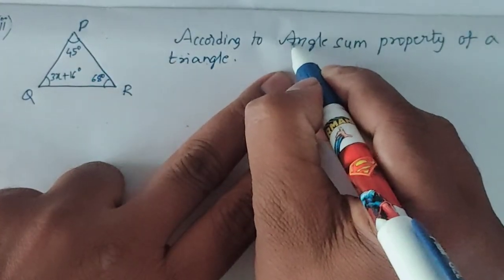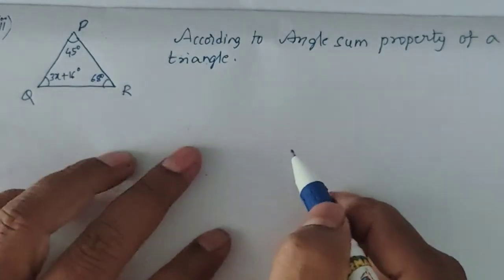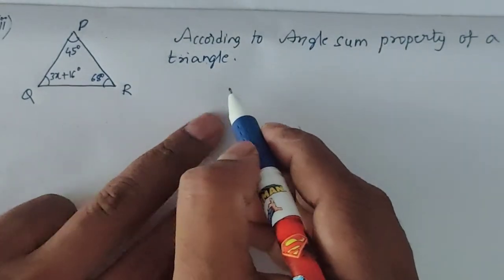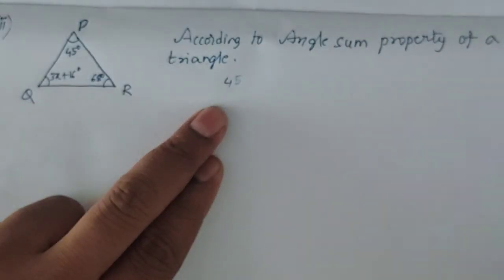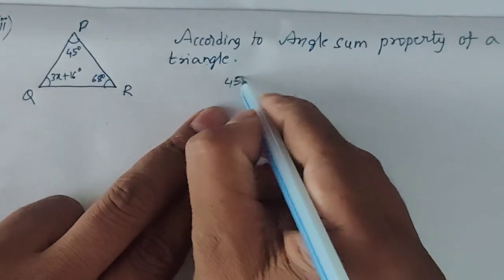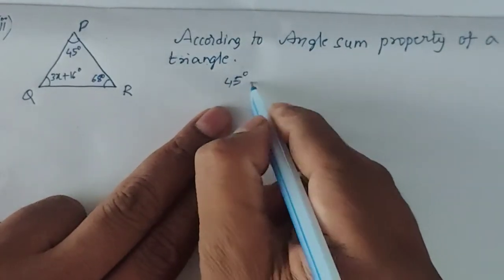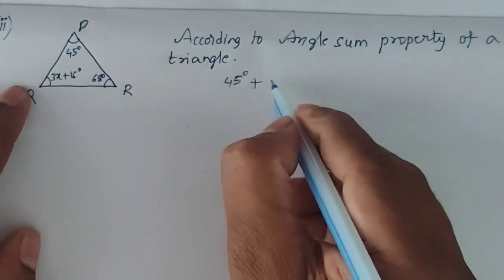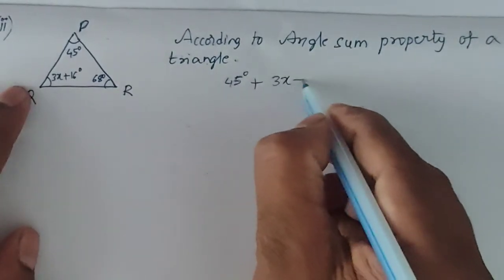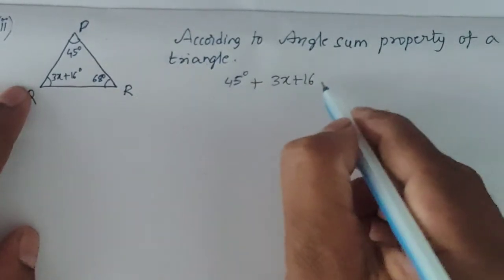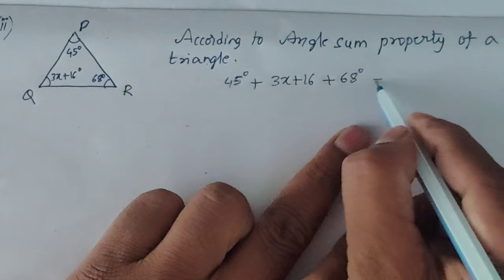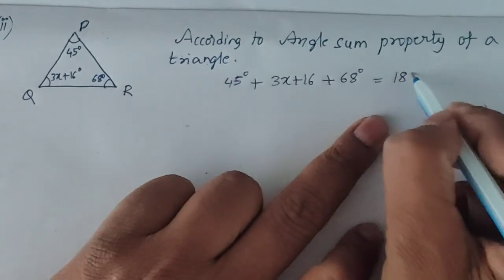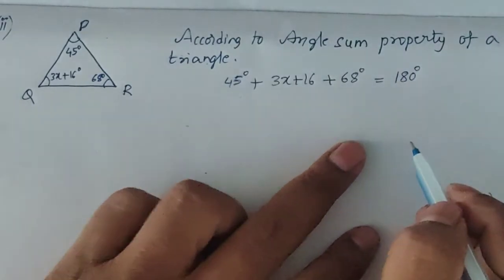All the angles in a triangle add up to 180 degrees. Here, at P the angle is 45 degrees. At Q it is 3x plus 16 degrees. And at R it is 68 degrees. The sum of these three is equal to 180 degrees, right?